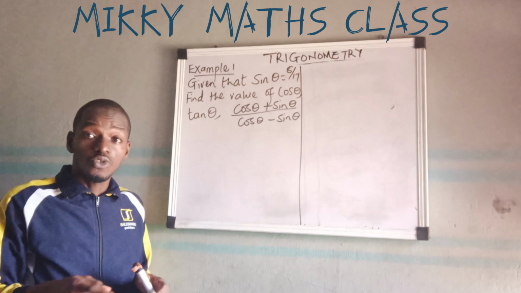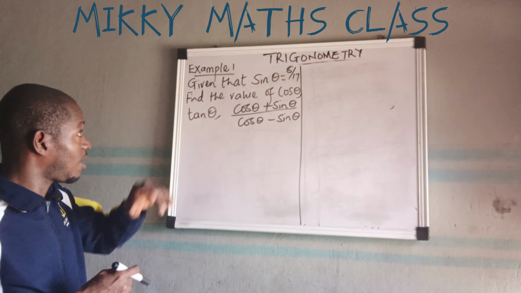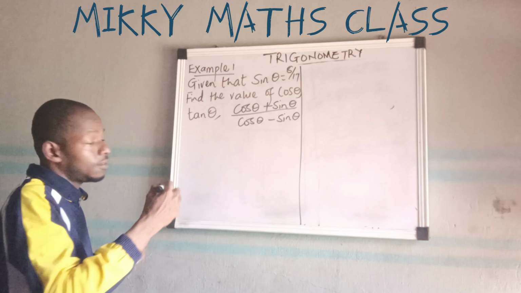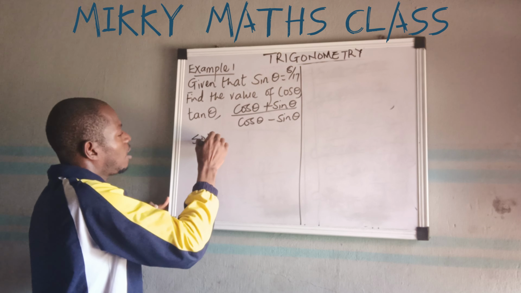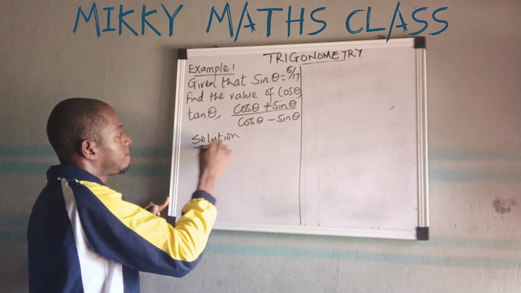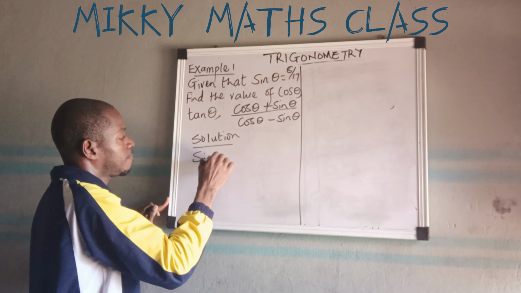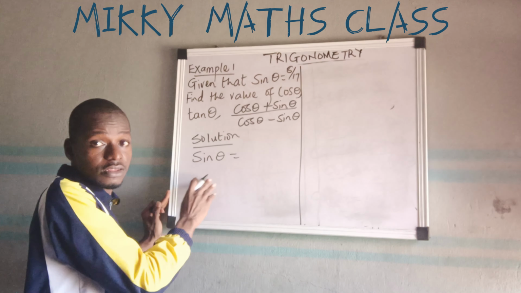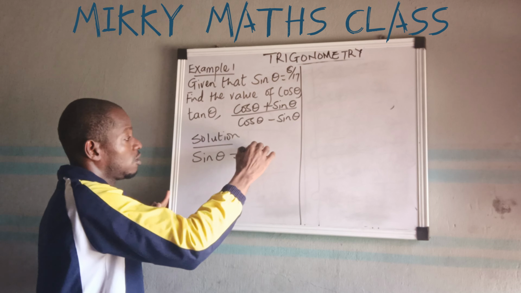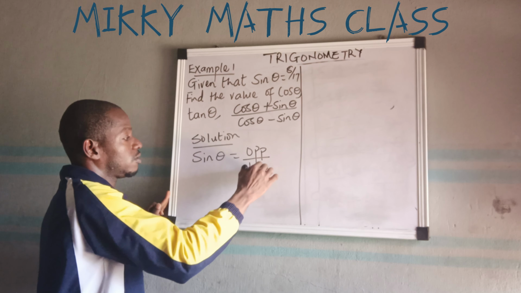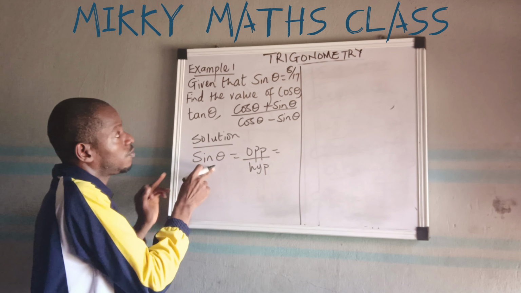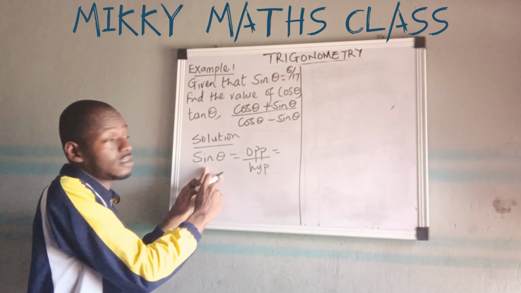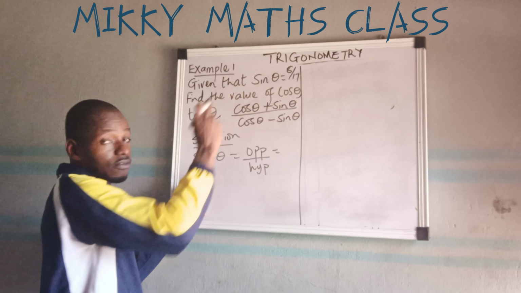Now, the first thing to do, we are asked to find cos theta. Firstly, our sine theta is equal to, from our trig ratio, sine is opposite over hypotenuse. From the question, we are given that sine theta is equal to 8 over 17.